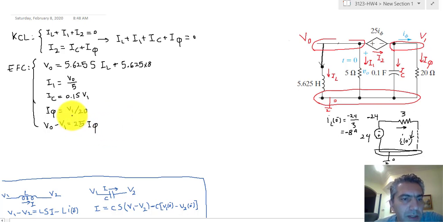So by replacing this equation down here, I can write V out as a function of V1, or the other way around. So V out is equal to V1 plus 25 V1 divided by 20, which is simply 2.25 V1.